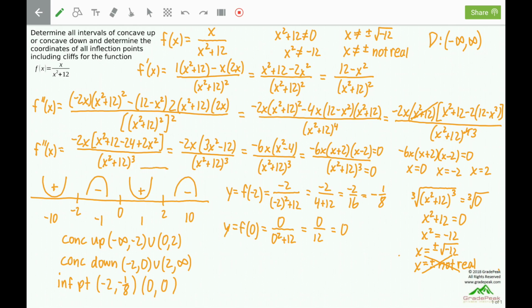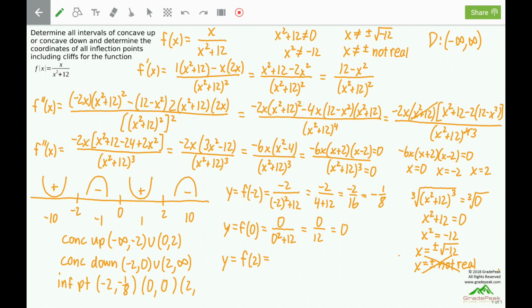Right at the candidate number of x equals positive 2, we again have the concavity changing from concave up to concave down, so x equals positive 2 is also an inflection point, and it has a corresponding y-coordinate, which can be found by plugging the x-coordinate back into the original function.